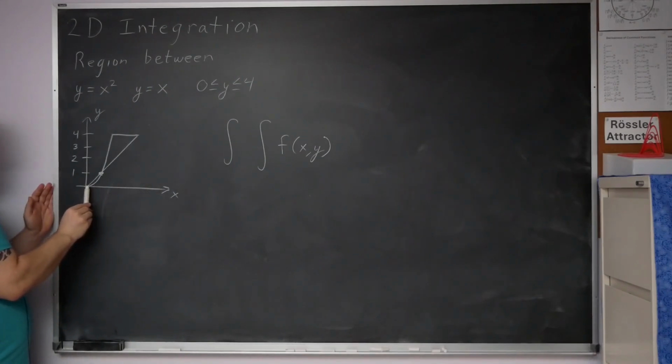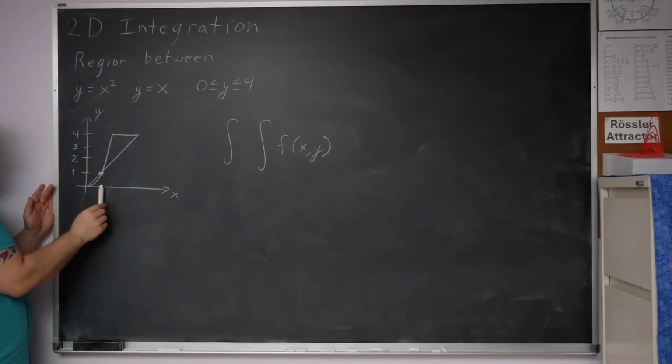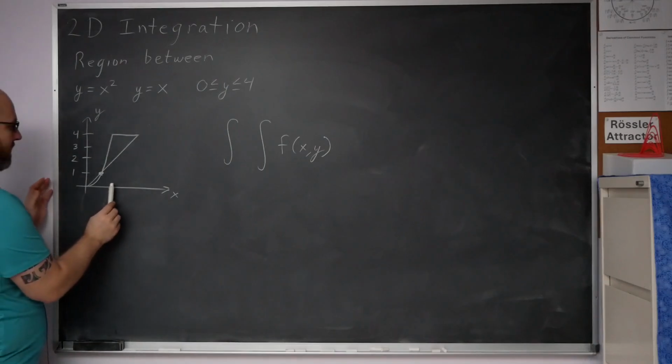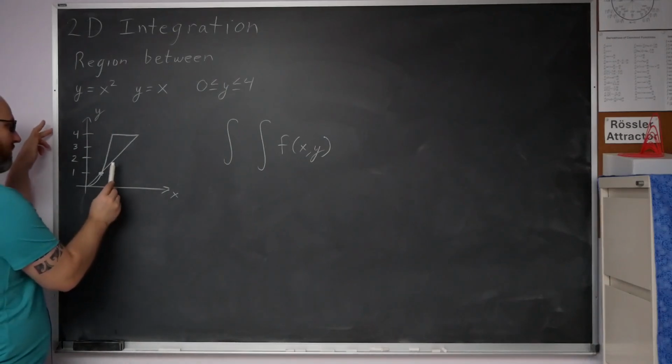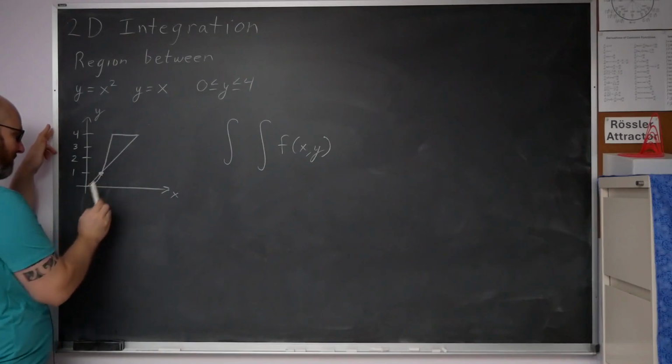So, x is equal to this value, they go from 0 to 0. X is equal to this value, they go from the bottom of the parabola to the top of the line there. X is equal to 1, y goes from 1 to 1. X is equal to, let's say 2 or something, I'm not sure.